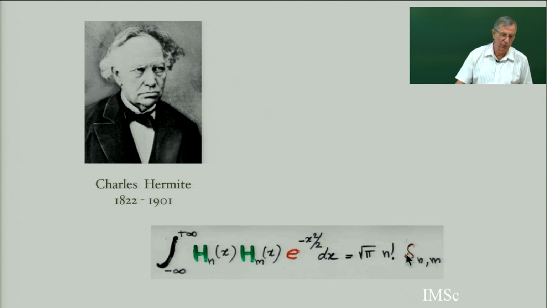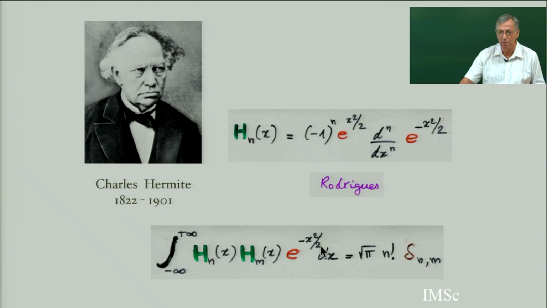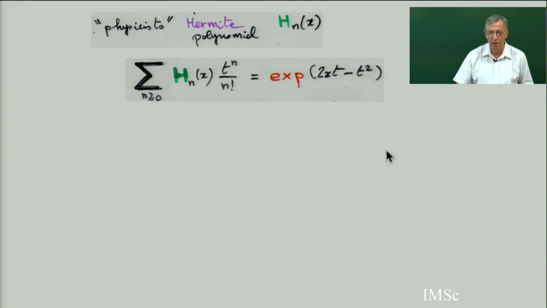There are many possible definitions of the Hermite: there is this orthogonality, there is an exponential generating function, there is a differential equation, and there is what people sometimes call the Rodrigues formula, which also defines the Hermite polynomial. Maybe if I have time in chapter 5, we will give a proof of this. In this story, this is the so-called physicist Hermite.